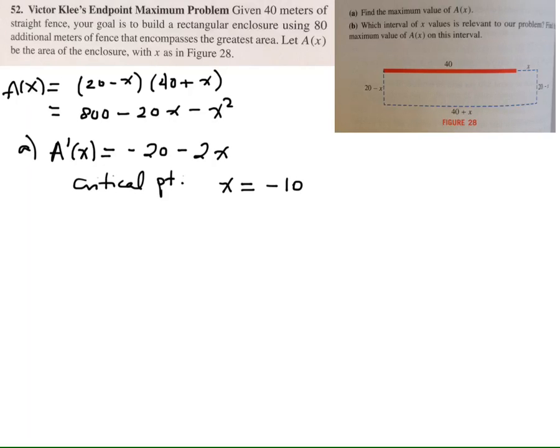And let's see, the maximum value, well, let's test it out. Oh, sorry, I meant A of negative 10. If we plug in negative 10, we'll get 20 plus 10 times 40 minus 10, using the original A of x equation that we had, which is 30 squared, which is 900.